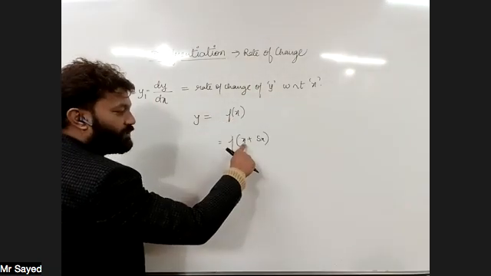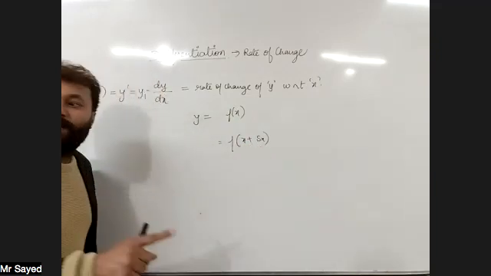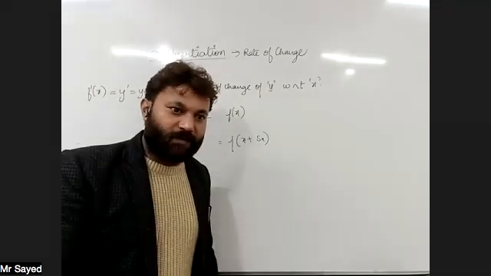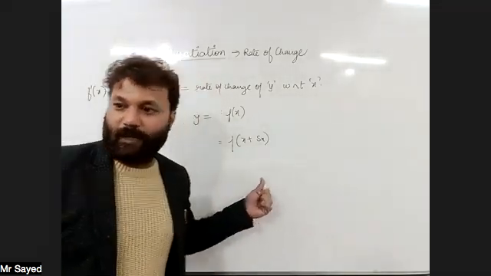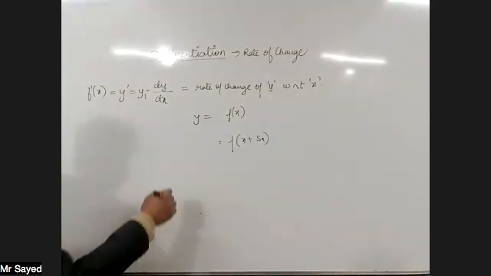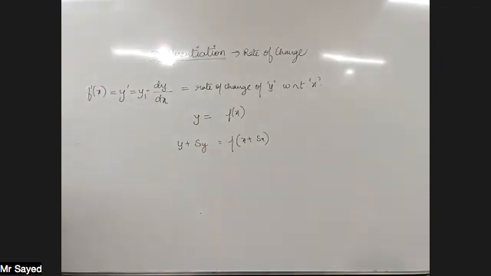Delta x is the same as h. जो हम limits में h use करते थे, that is delta x only. तो अगर if there is a small change in the value of x, there will be a small change in the value of y. Is it clear?